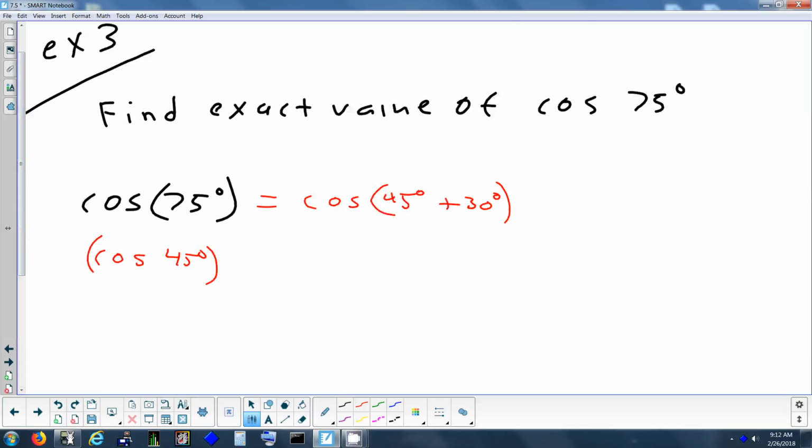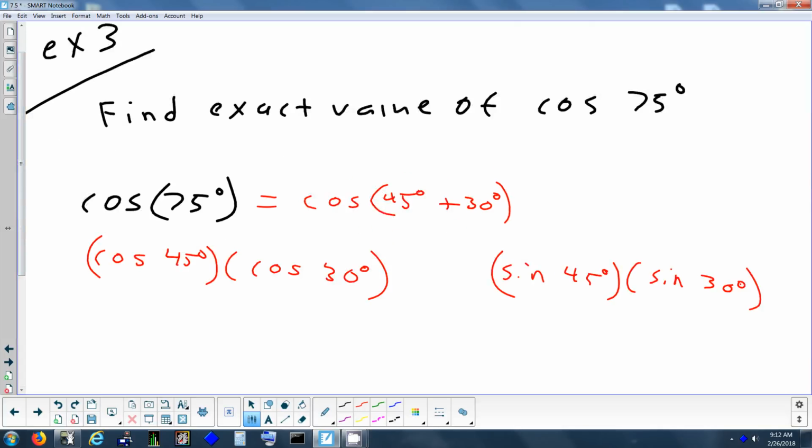cosine, cosine. And then we know it's sine, sine. Only thing we have to remember now, is it a plus or a minus between them?